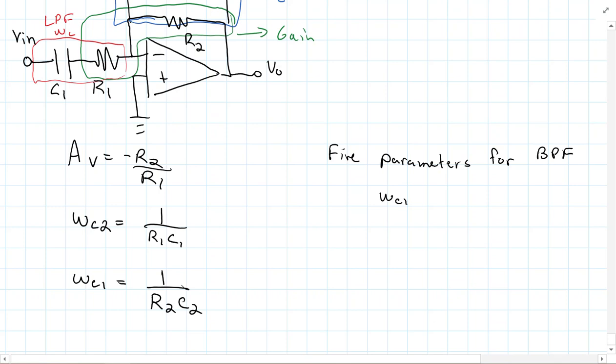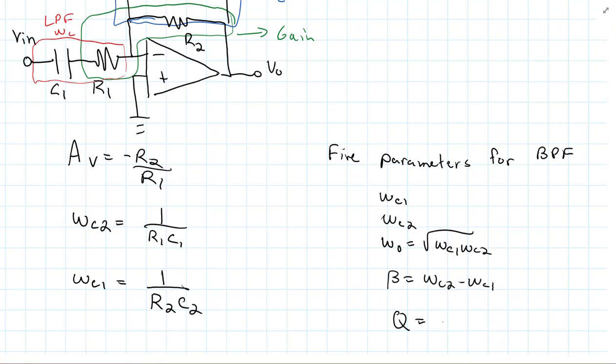So we have omega C1, omega C2, omega naught, which is equal to the square root of omega C1 omega C2, the bandwidth, which is omega C2 minus omega C1, and the quality factor, which is omega naught over the bandwidth.